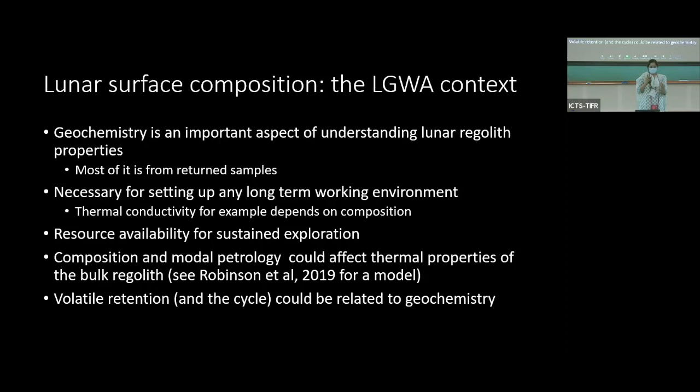If you want a place in LGWA where the thermal stability is really very good, with very stable temperatures, you also need a good model for that, which means you need to understand the regolith properties, including composition.